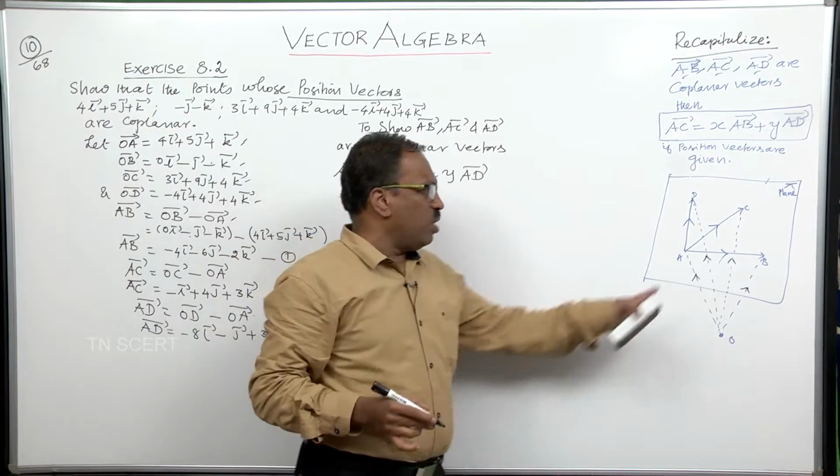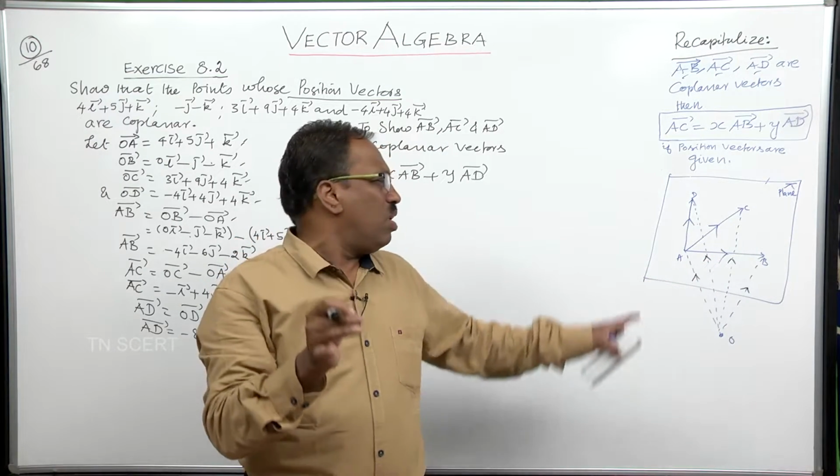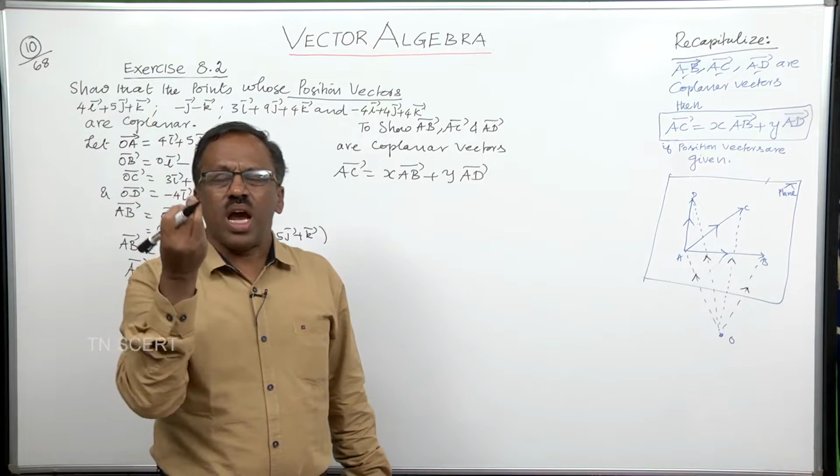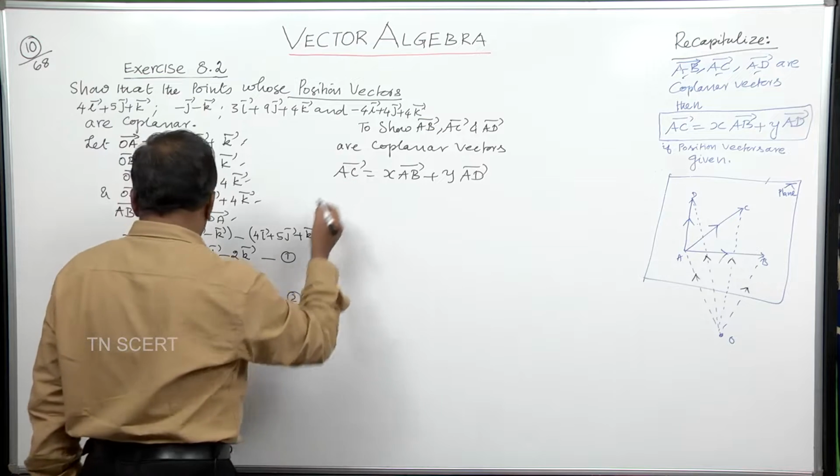So I drew the diagram. With the help of this diagram, very well you can calculate, you can get this idea in a simple manner. So let us take what is AC here.